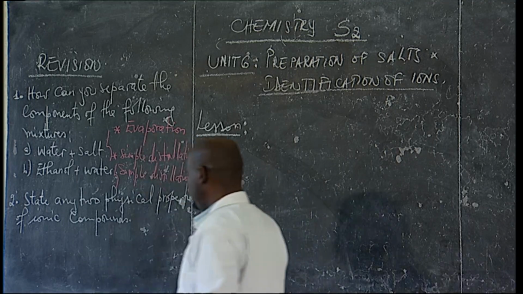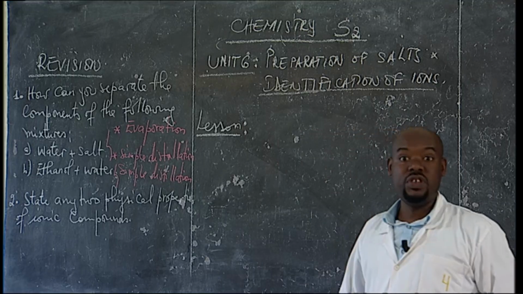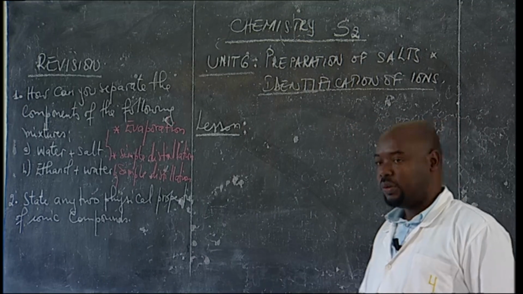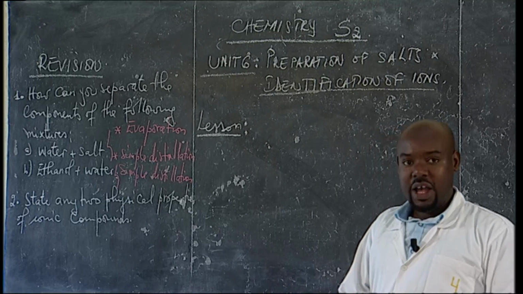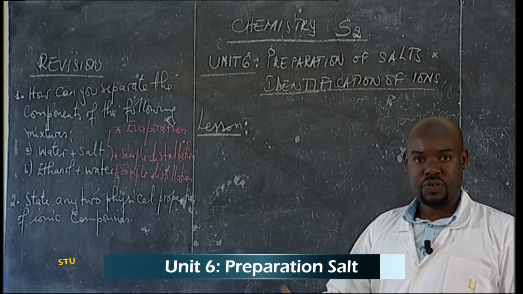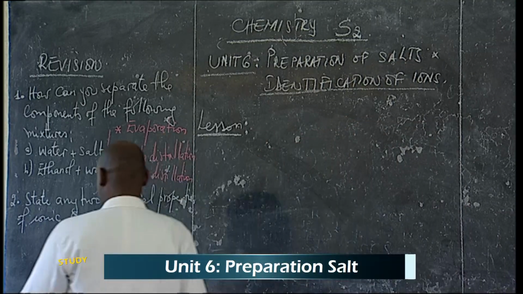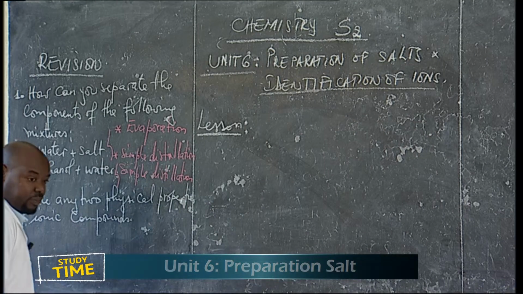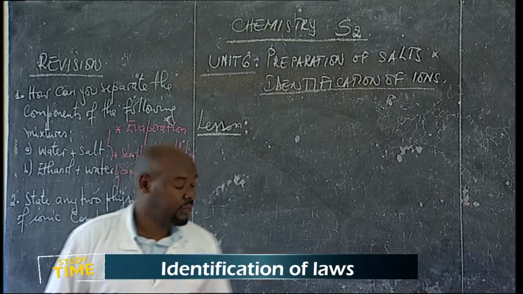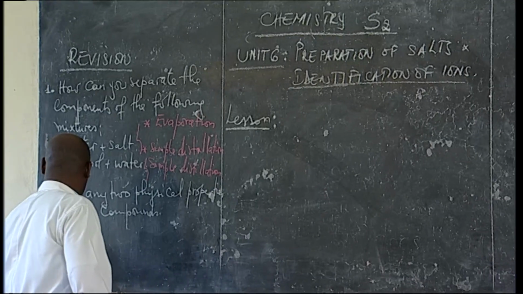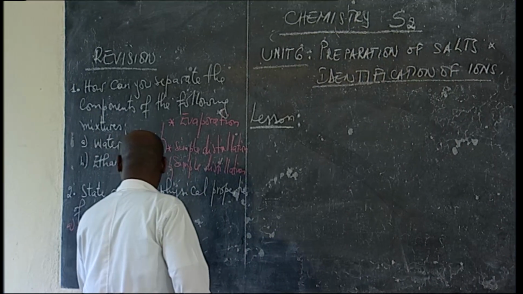Question number 2, state any 2 physical properties of ionic compounds. Ionic compounds have so many physical properties, and here we can list: number 1, high melting and boiling points.